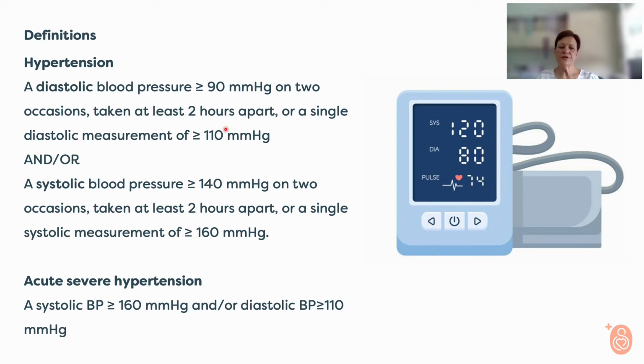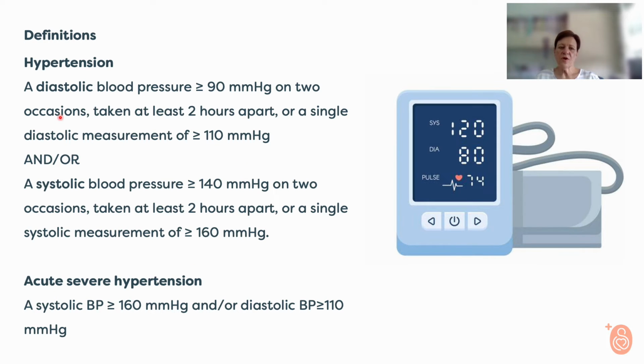So in other words, we say a blood pressure of more than 140 over 90 indicates hypertension during pregnancy, or if it's above 160 over 110, it indicates severe hypertension.